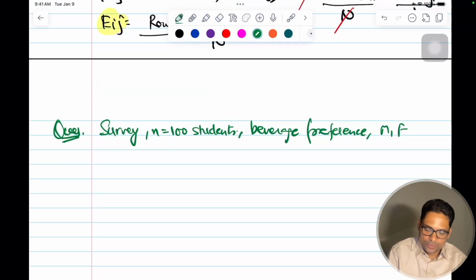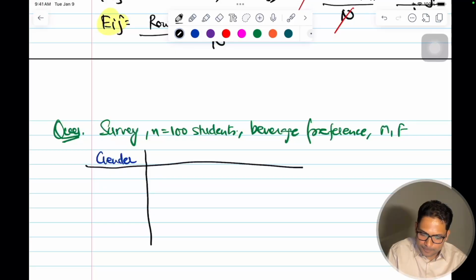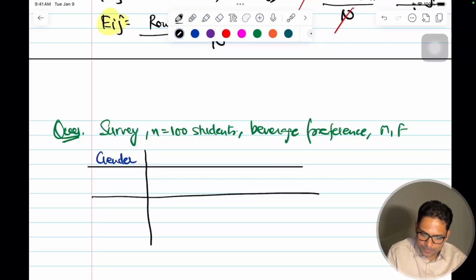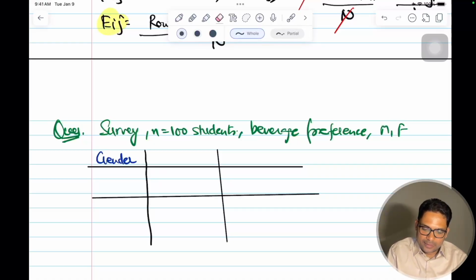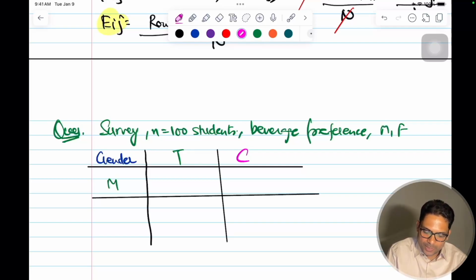Okay. So I'll create the contingency or the dependency table. I have gender on one side, tea here, coffee here, and we have male here, female here, like this.